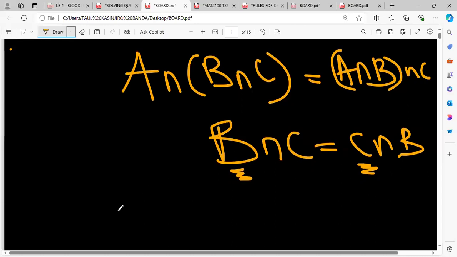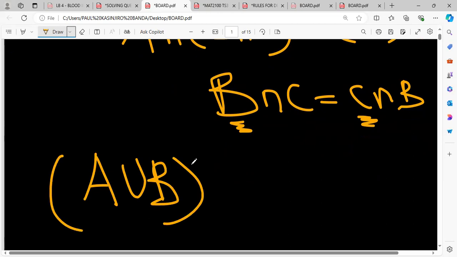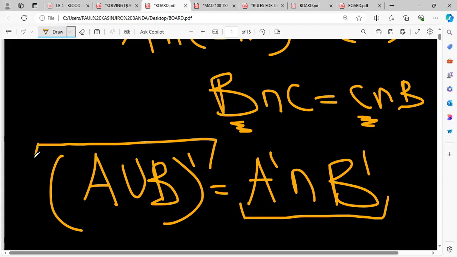And then I also talked about De Morgan's laws. These laws are very important because you're going to be examined on them, whether you like it or not. As a recap, if I have A union B and then I take the complement of this set, it is the same as A complement intersection B complement. Whatever elements are in that set will be the same members that are in this set.